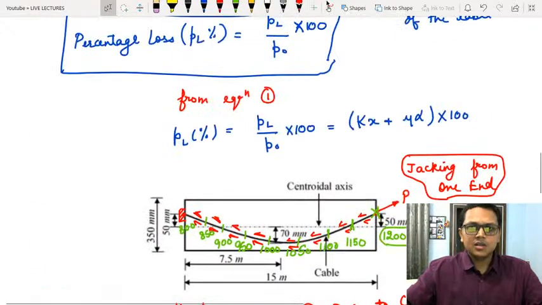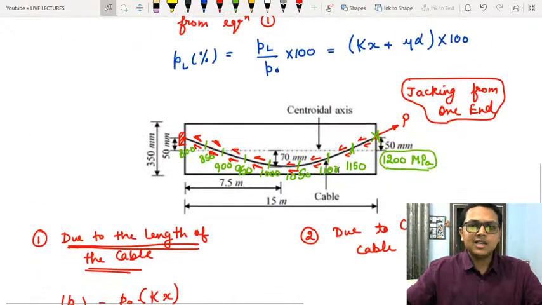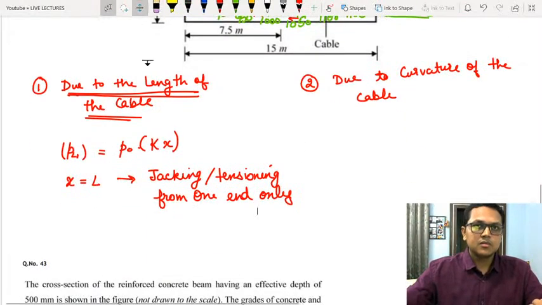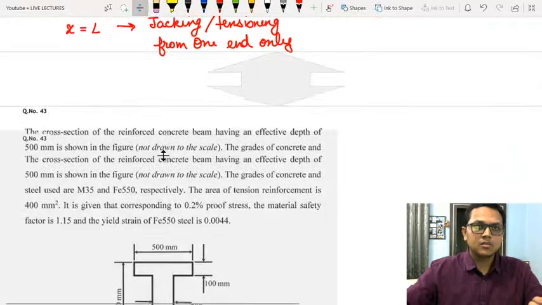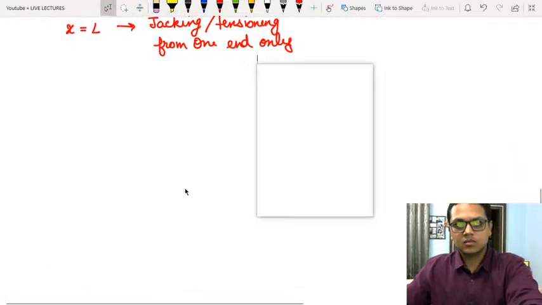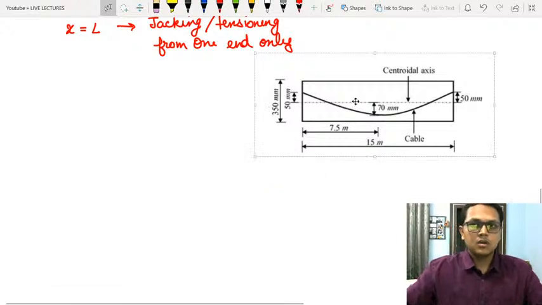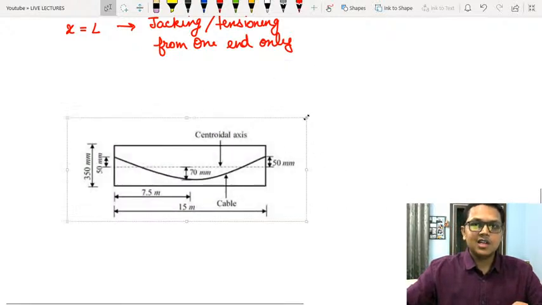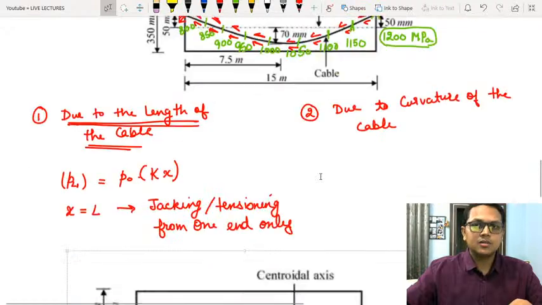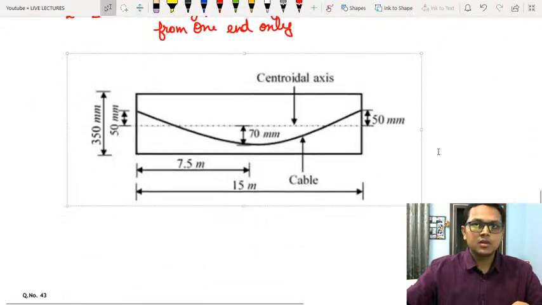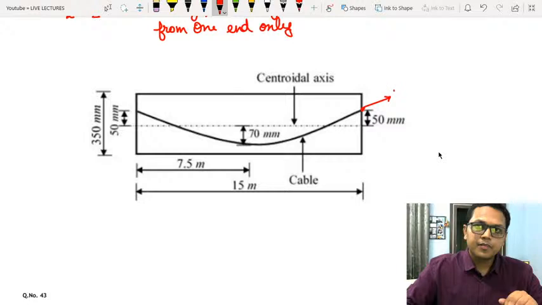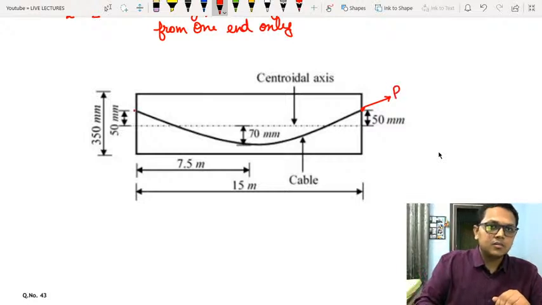Now if this tensioning has been done from both the ends, say that from both the ends the tensioning is done, from this end also and from the other end also.